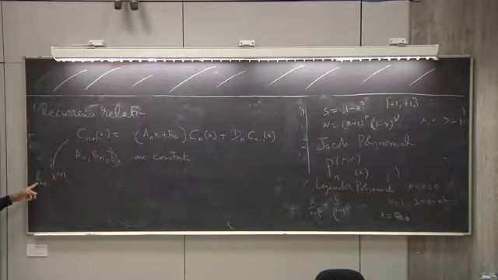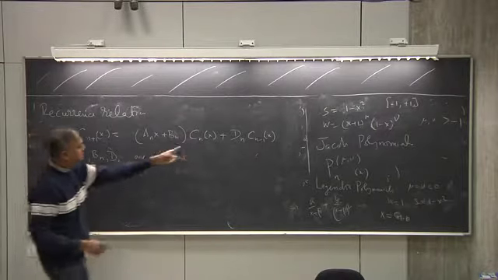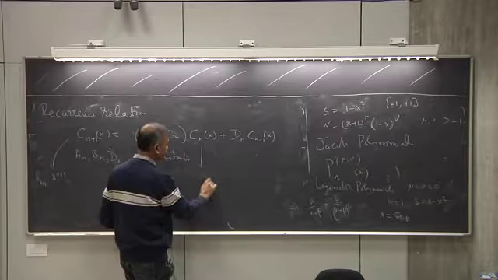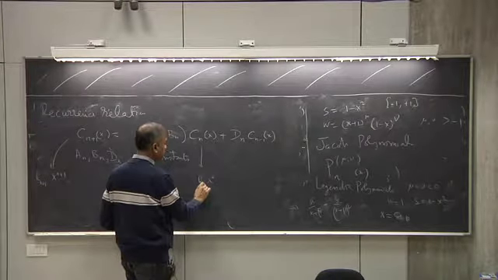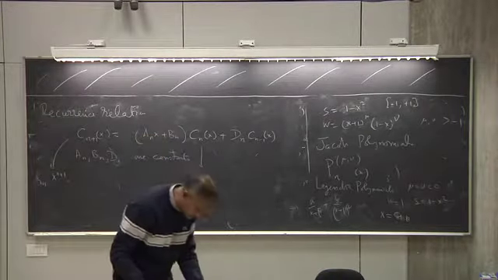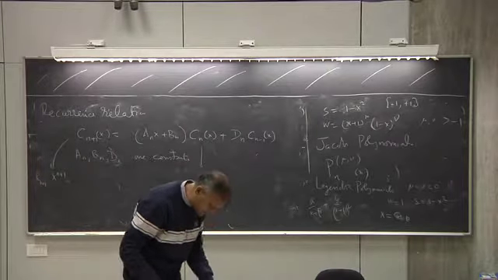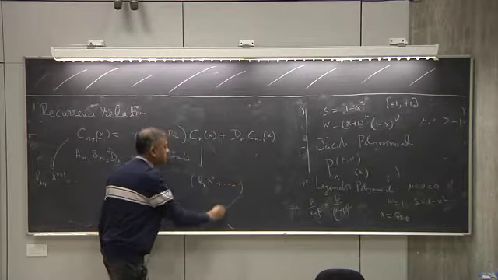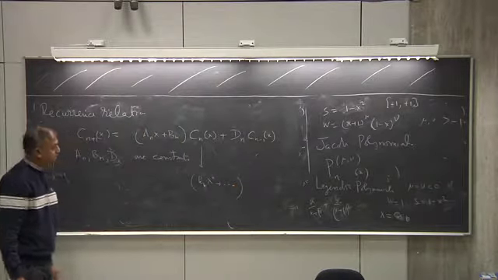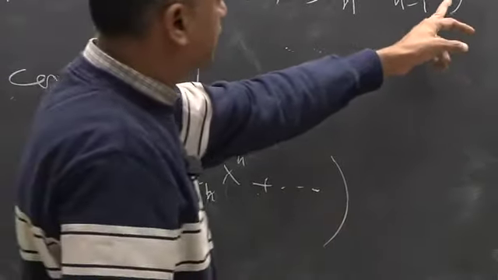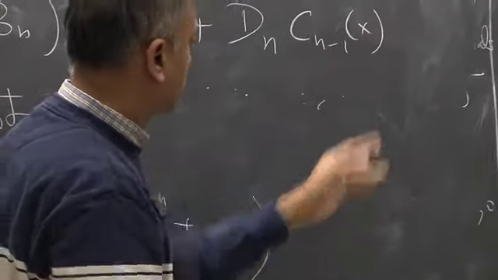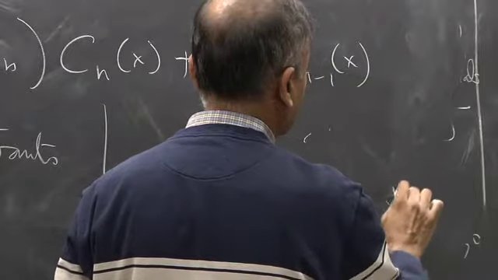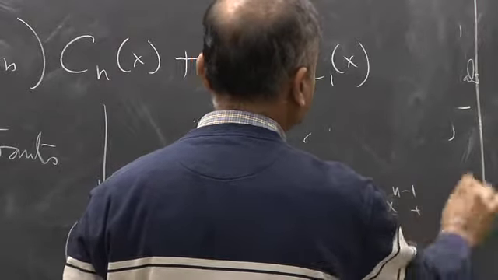Similarly, Cn is an nth degree polynomial, so it will contain a term like x to the n times some coefficient kn, plus the lower terms. This one starts with x to the n minus 1, so it will have kn minus 1 times x to the n minus 1, and lower terms.